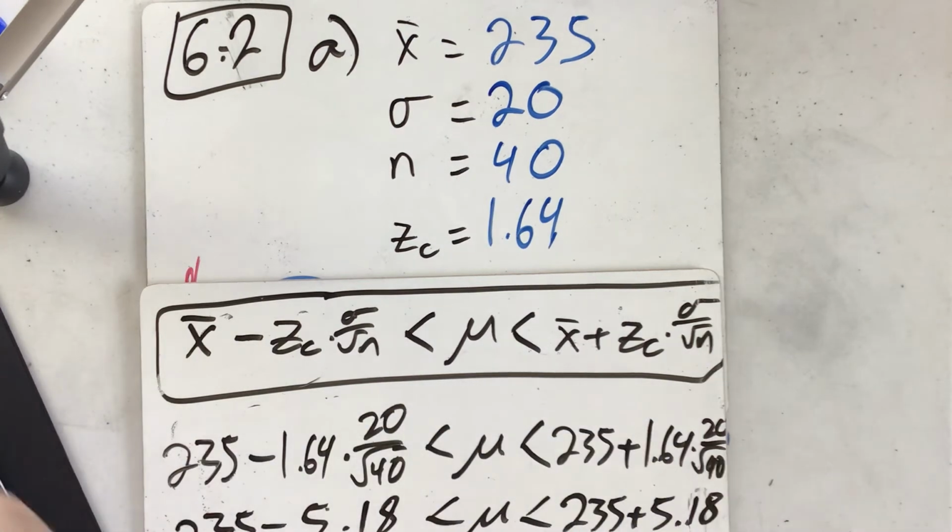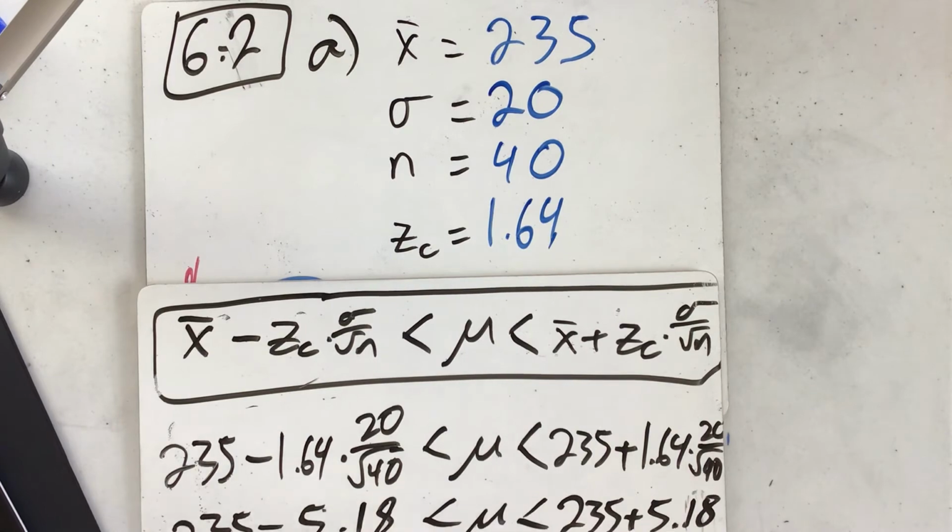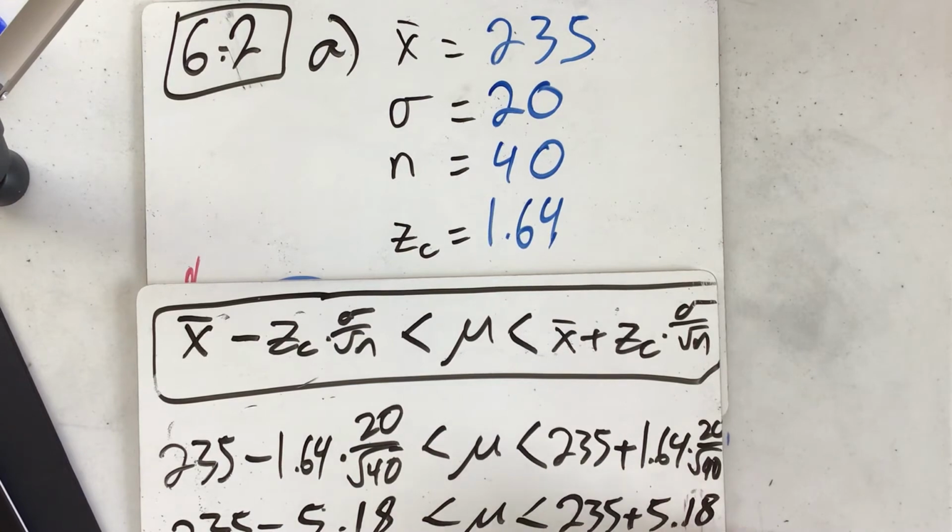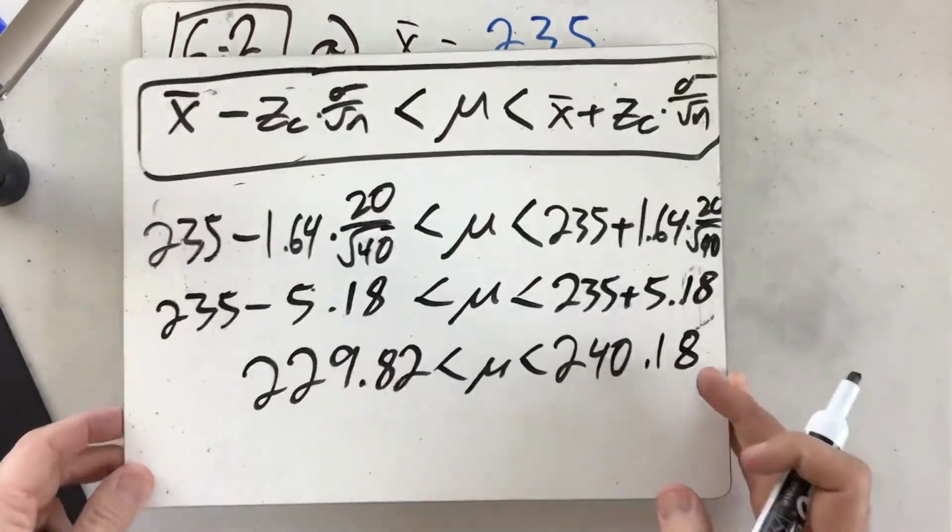And that's going to give me 229.82 is less than mu, and then on the other side I just have to switch it to a plus sign and I get 240.18. So what information does this tell us?